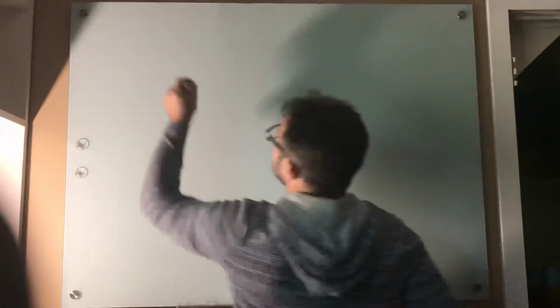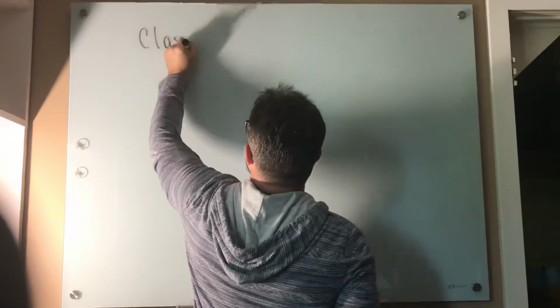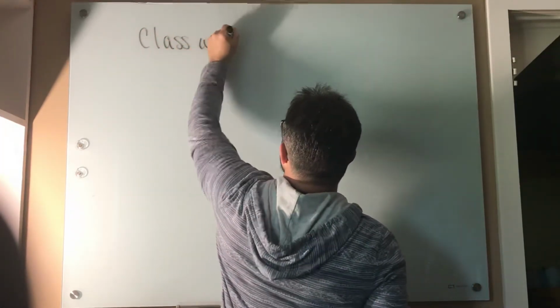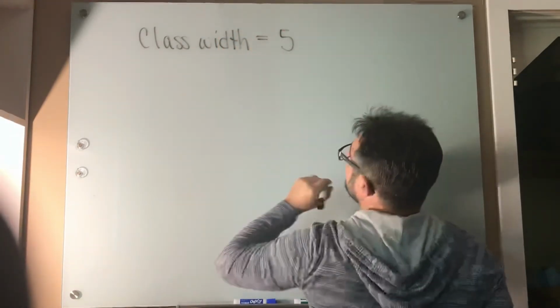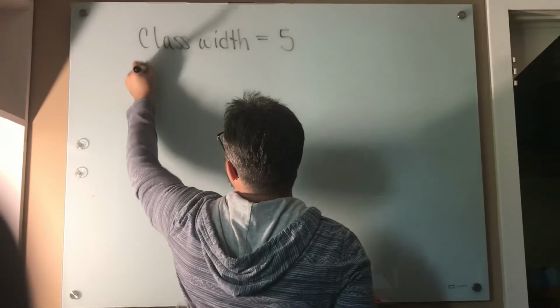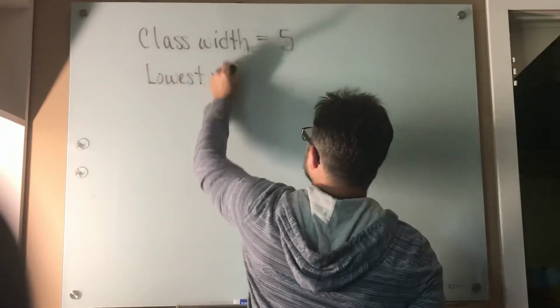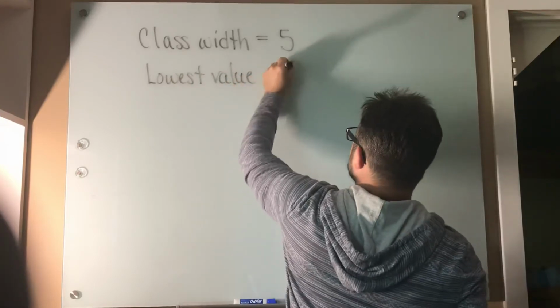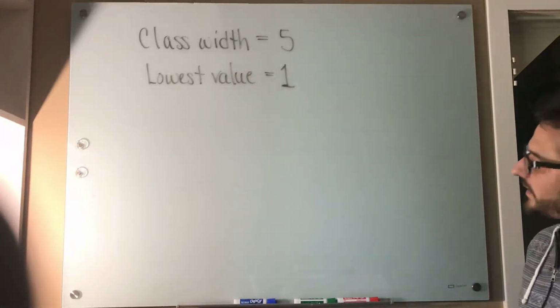Let's suppose we have a class width of 5, and let's suppose our lowest data value is 1. Gives us some nice friendly numbers to work with.